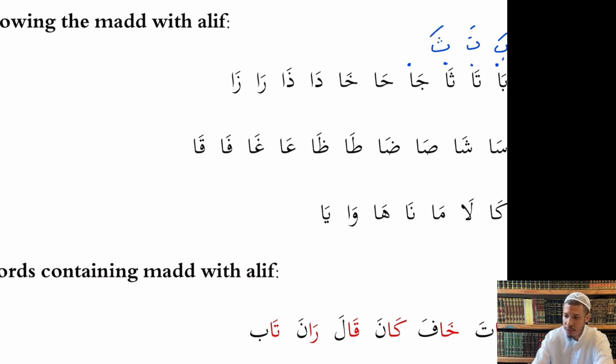Now when we have ba fatha alif sukoon, no longer ba, we say baa. We elongate it 2 counts. Ta fatha alif sukoon, taa, elongated 2 counts. And so on and so forth.